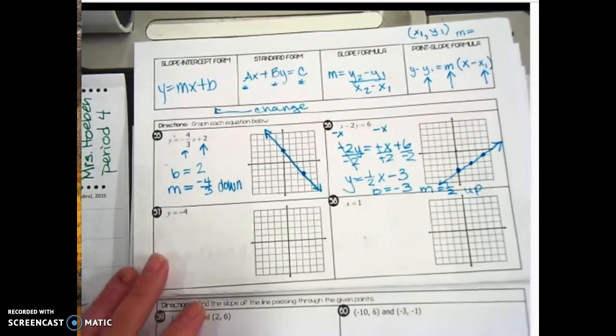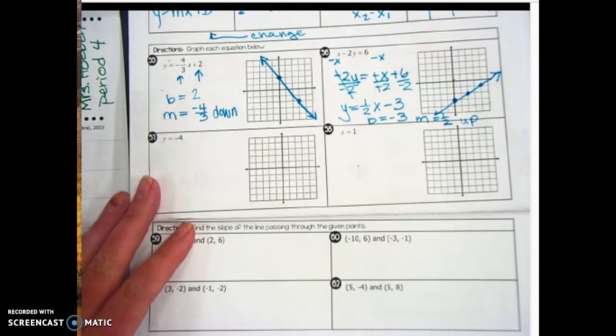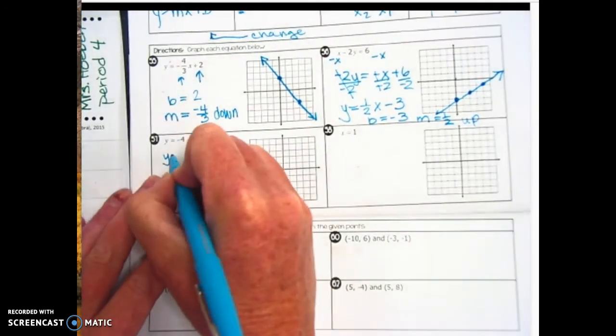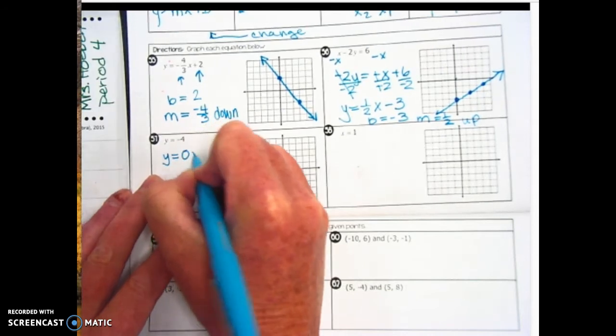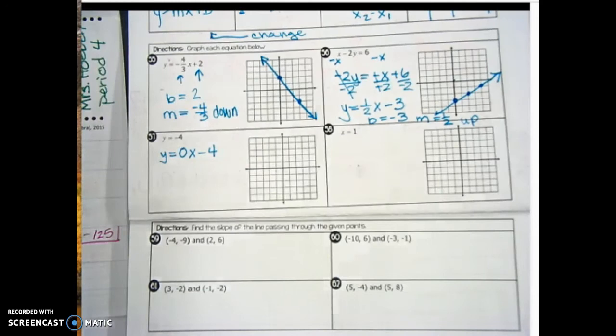All right, box number 51, something's missing. What's missing? The x term. So this is the same as writing y equals 0x minus 4, right? There's no x term, so I'm going to plug in a slope of 0. If you have 0 slope, what's your line doing?